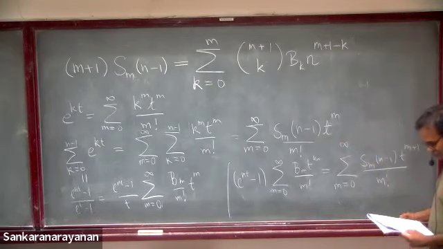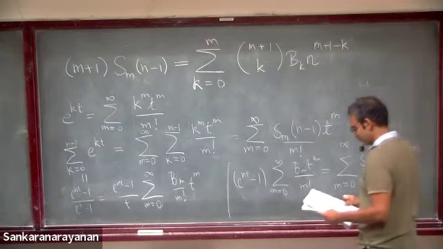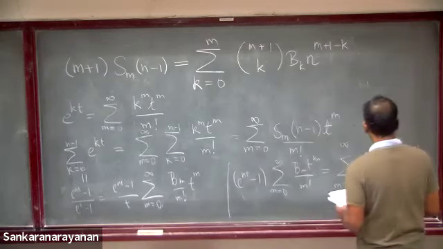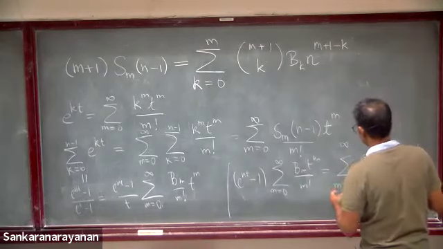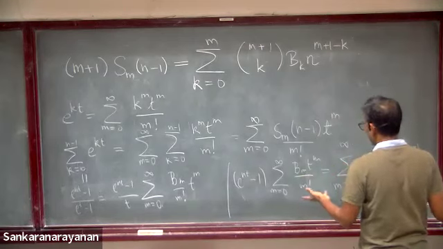Okay, so from this we should be able to get what we want. What is the coefficient of t^k on each side?